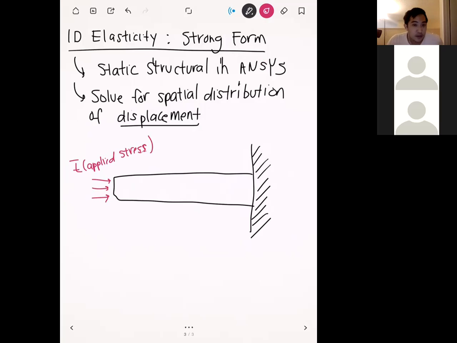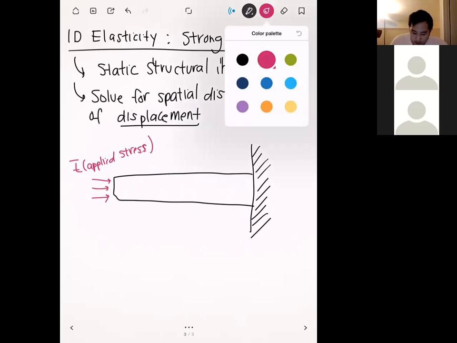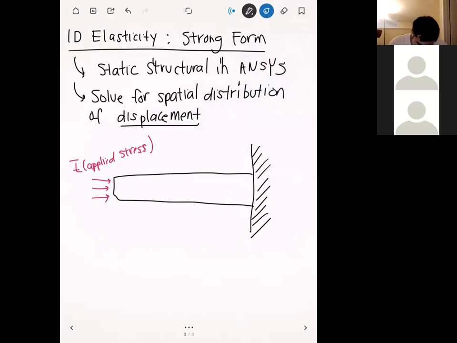That's the same as applying a pressure on our structure. In addition to this, we can have a body force. A body force is nothing more than a force that the structure feels all throughout the structure.